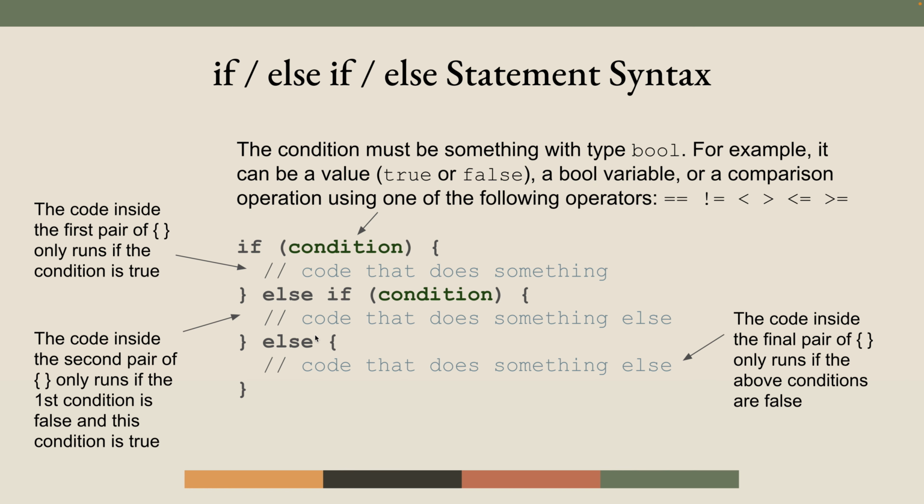So again, the else statement here is optional, but it's used, I would say, at least 80% of the time, because there's usually some other case that you want to cover, but you don't always have to include it. In the absolute value example, for example, we didn't need to use the else statement. So the if statement is always mandatory. The else if and the else are optional based on what your code is doing.